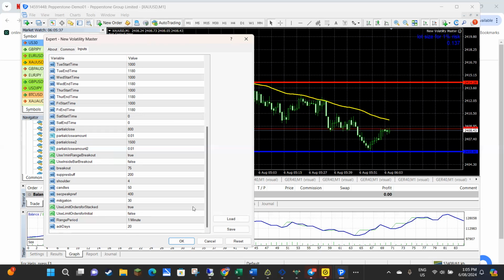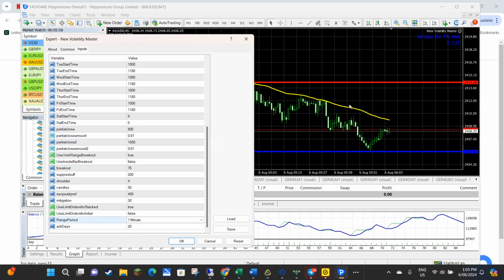Down here we've got range period, and we can change that to any range we like. So it's not necessarily just the 1 minute range breakout. So I will remove the 1 minute from the software, and it will just be called use range breakout. And we have that set to true.